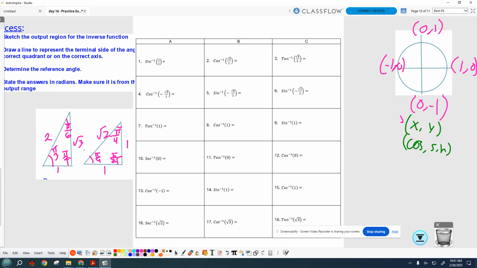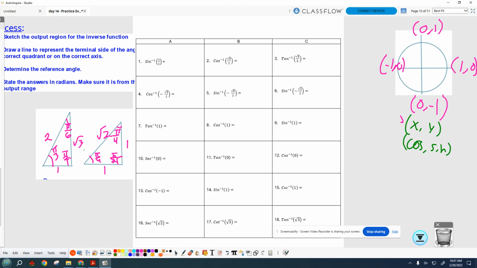Do we agree with the triangles? Third period, there was one small thing wrong. So let's make sure, because if you have the triangles drawn and labeled wrong, you're hosed. So pi over 4, pi over 4, 1, 1, root 2. The other class did not remember the square root on the 2. Okay, this one across from pi over 3 is root 3.